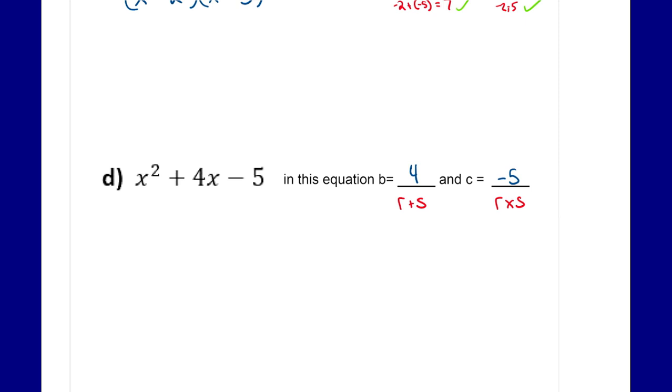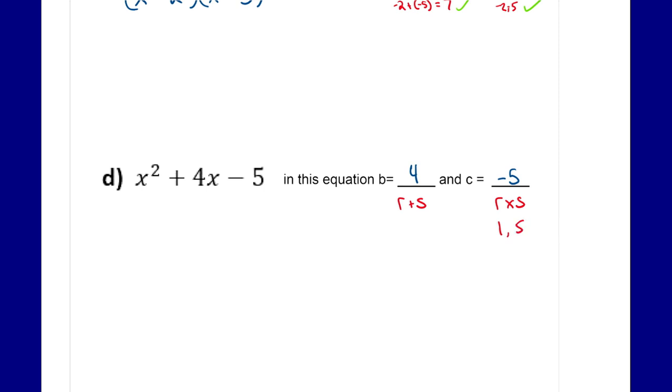Now, because they add to a positive also, the larger number of my two values should be the positive one. That's a trick you can use to help figure out what signs your values are. So if I go through for -5, I have 1 and 5.